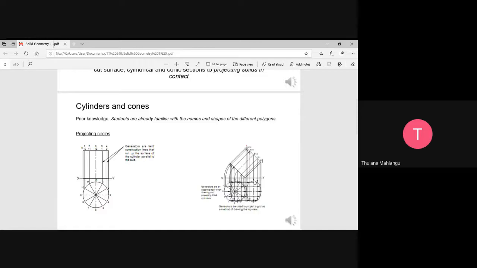So the top part will be 12 because it's 12 on the top view. This will be 8 because it's 8 on the top view. And then those lines 8 and 8 will be visible, and then 12 and 12 will be visible.